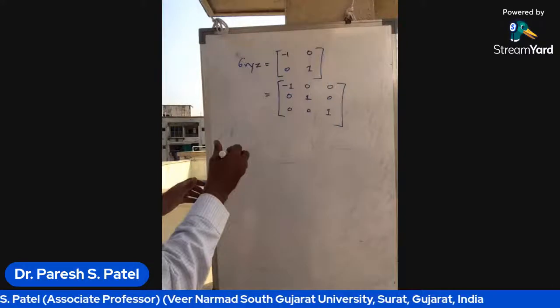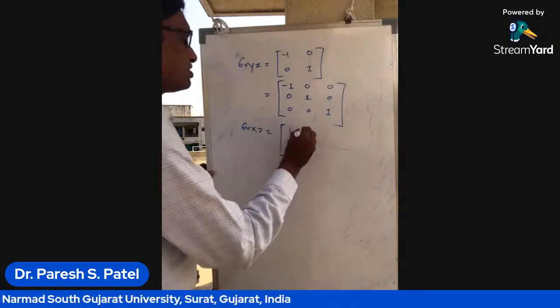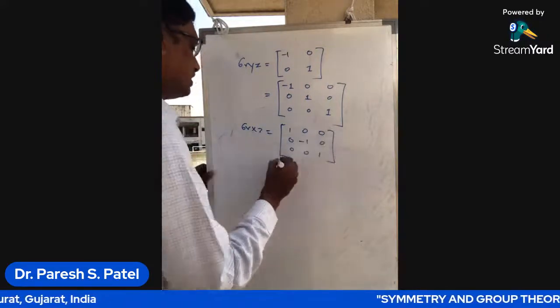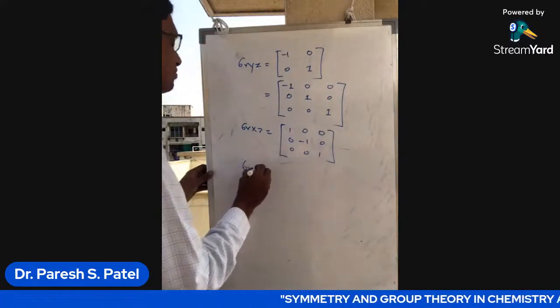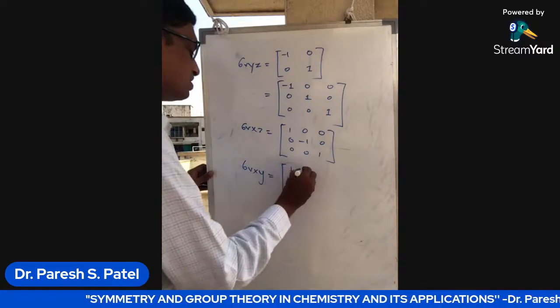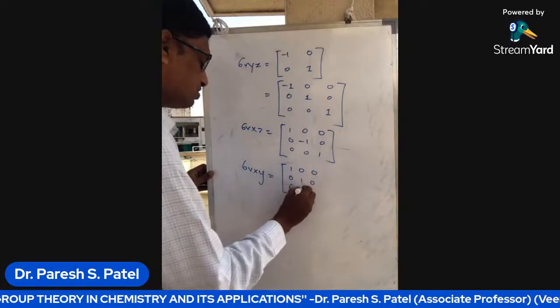Similarly, we can derive for sigma v xz, which is equal to 1, 0, 0; 0, minus 1, 0; 0, 0, 1. And similarly for sigma v xy, which is equal to 1, 0, 0; 0, 1, 0; 0, 0, minus 1.